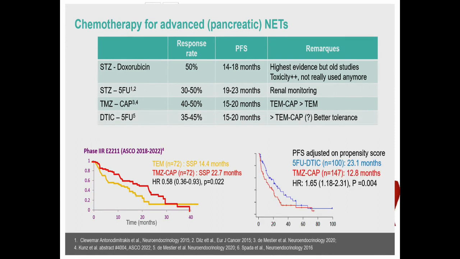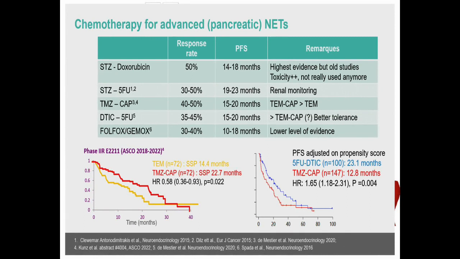And there is an intravenous counterpart because temozolomide and capecitabine are oral drugs, but you can also use Detisen and 5-FU, and it seems that this intravenous counterpart could be even more effective, as we showed, than the oral regimen.